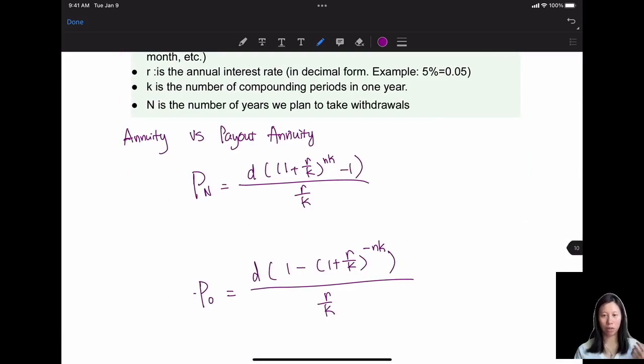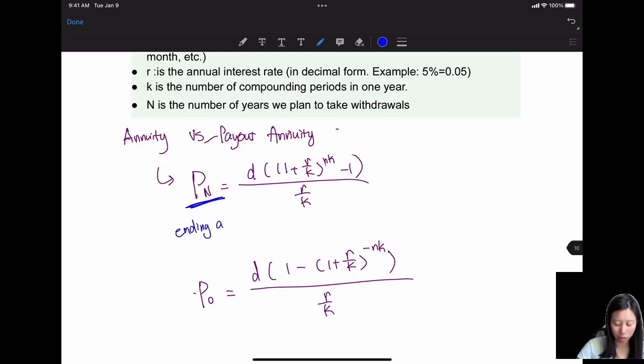So what's the difference between these two? This is annuity. This is the payout annuity. So for annuity, this part is the final amount that you want to get, the ending amount that you would like. And D is your regular deposit.